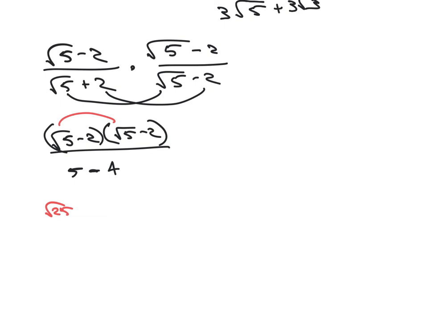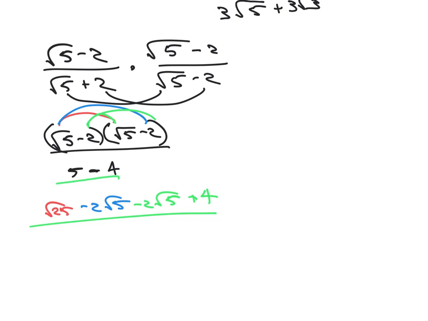And then we've got our outside, minus 2 square root of 5. Then we've got our inside. Then we have our last. That's all going to be over 5 minus 4 is 1, so we don't even need that. We're done with the whole fraction thing.